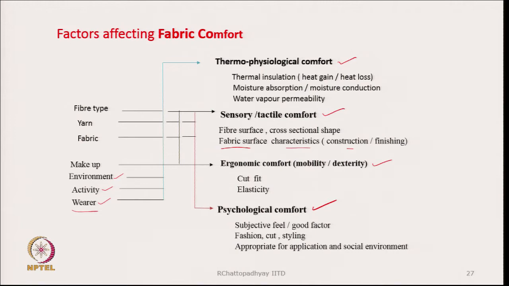So, this particular slide is going to give you an idea that these comfort aspects are basically dependent on fiber, yarn, fabric, makeup. Some of them, let us say the sensory effect, are not dependent upon the level of activity of the wearer.